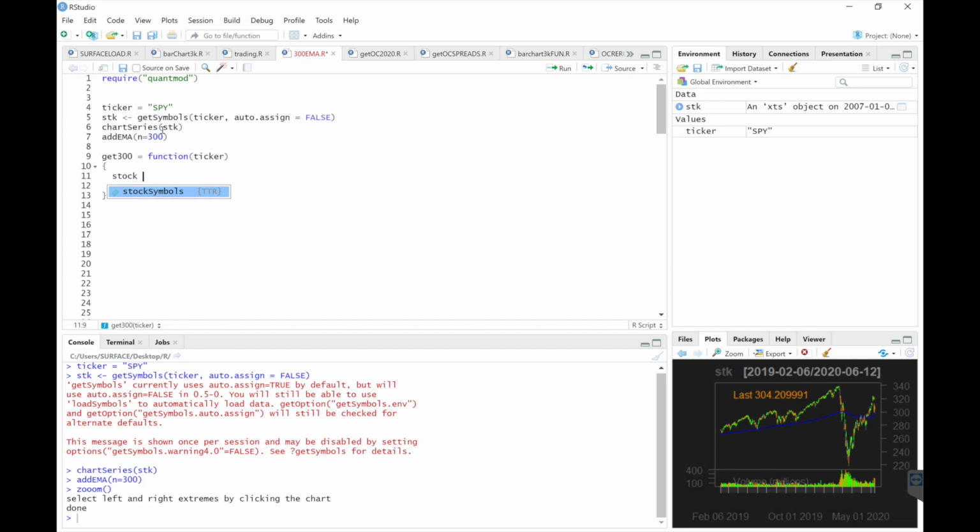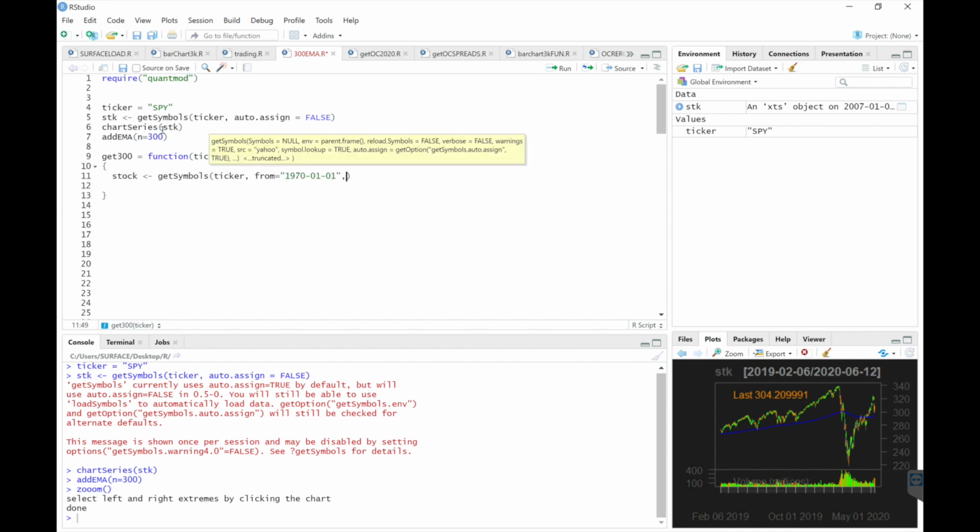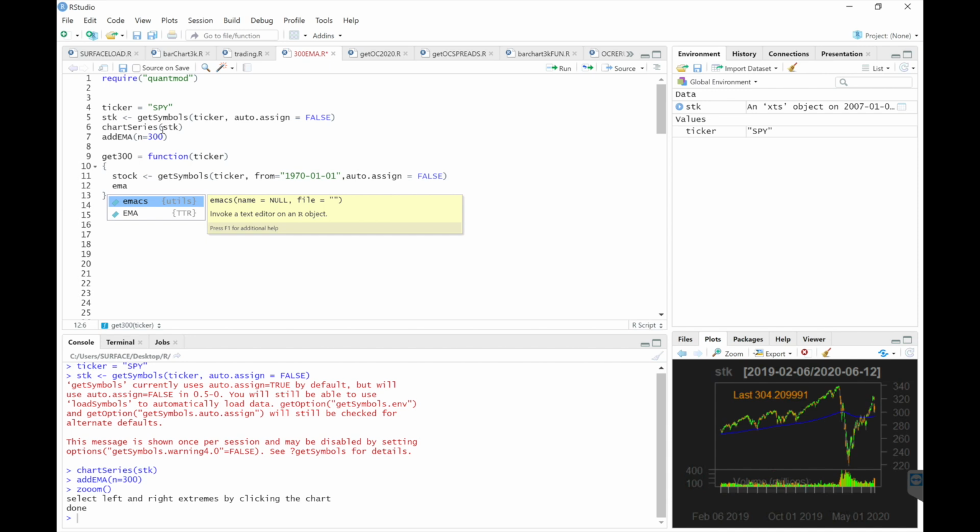So here we'll get the data, and then I'll calculate the 300-day moving average. So the period will be 300.